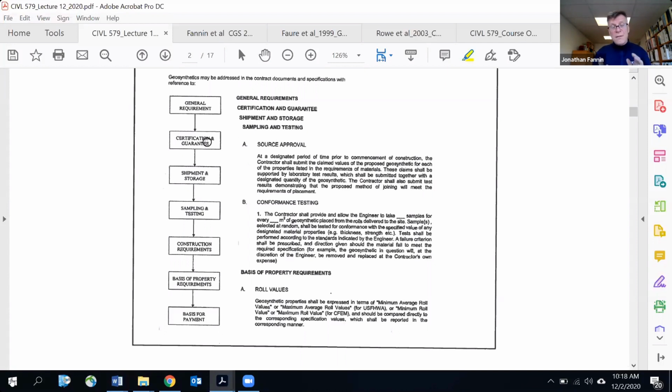And I wish I had done this more myself on projects, would be to archive samples of the material, because I have been amazed how many times I've wanted to go back and revisit actually the physical nature of the specimen.